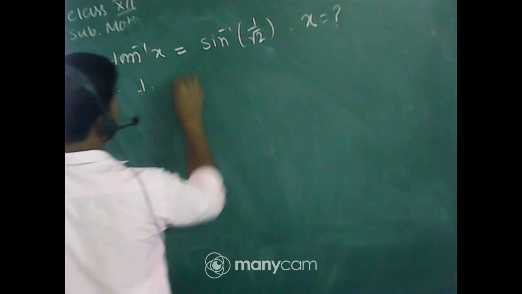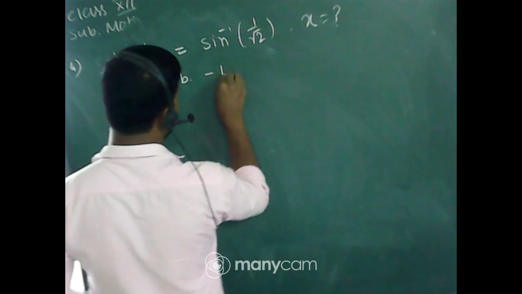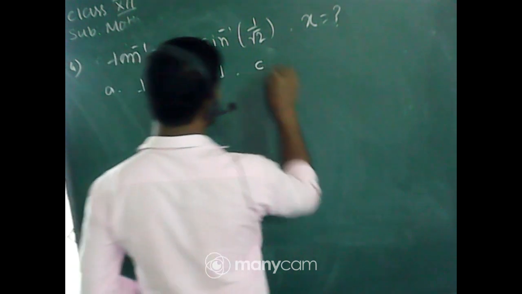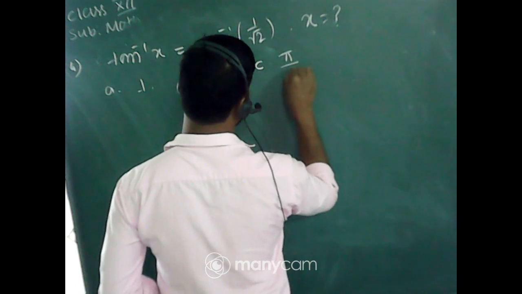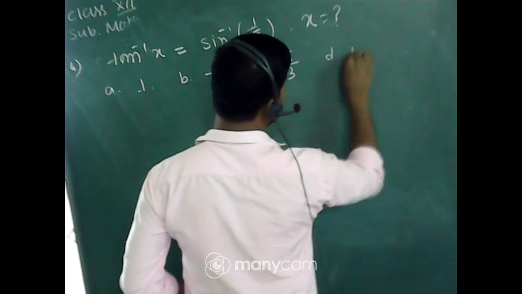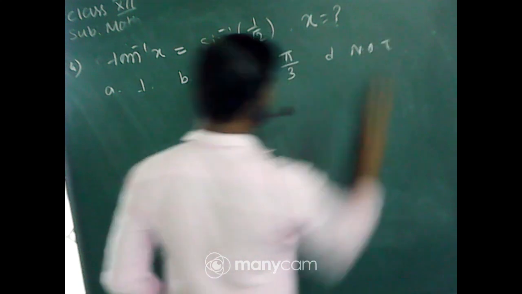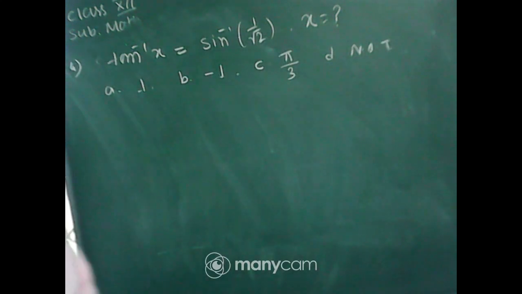Option B, minus 1. Option C, pi by 3. Option D, none of these. Tell me what will be the value of x.